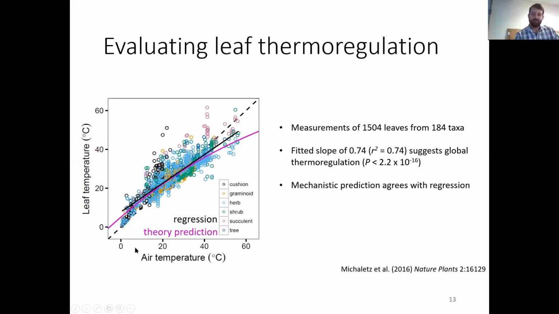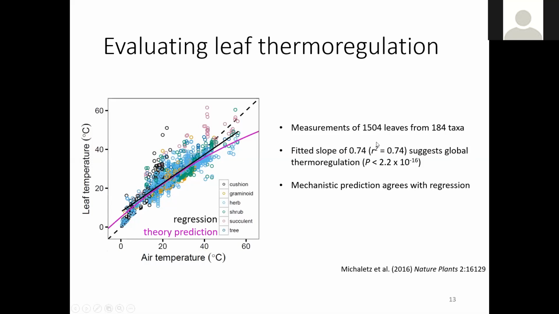What we find is that if we just fit a regression line through here, so that's the black solid line, we find a slope of about 0.74. Okay, so it's shallower than a slope of 1, which suggests that yes, it does appear as though leaves globally are thermoregulating. That's empirical data. The pink line here, this is our prediction from energy balance theory.